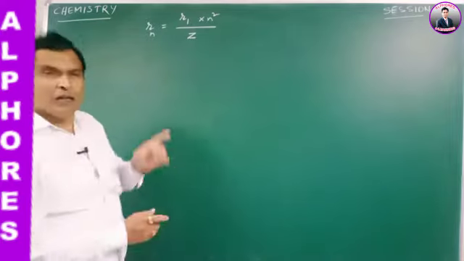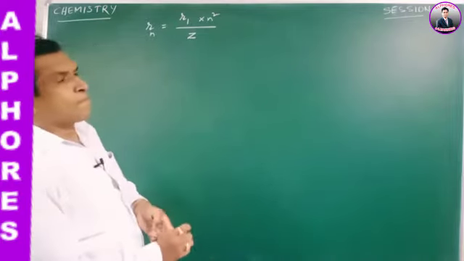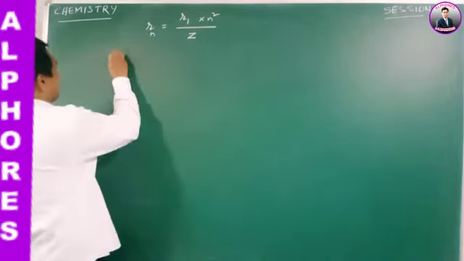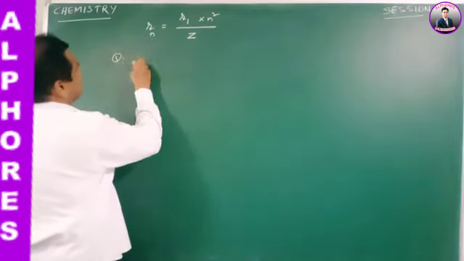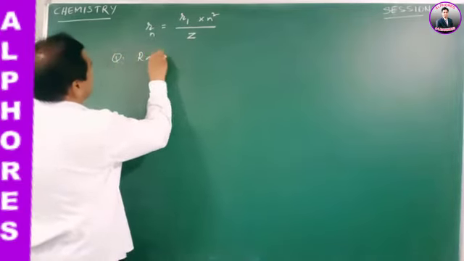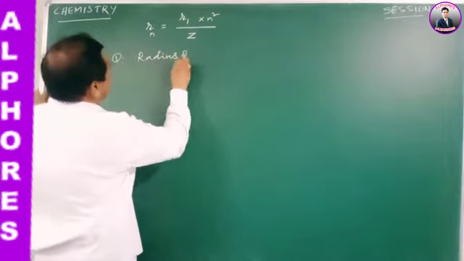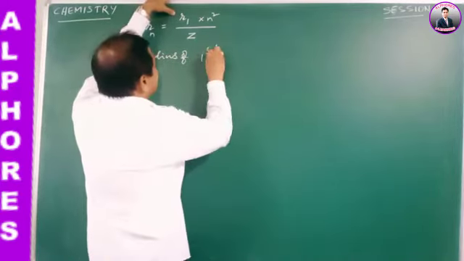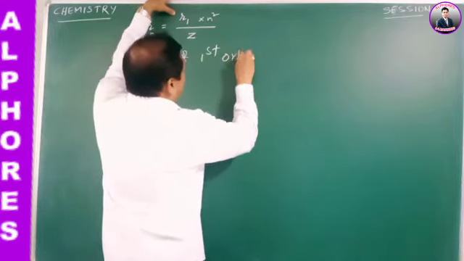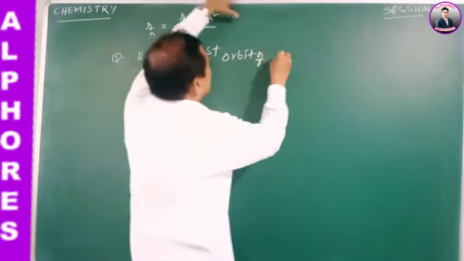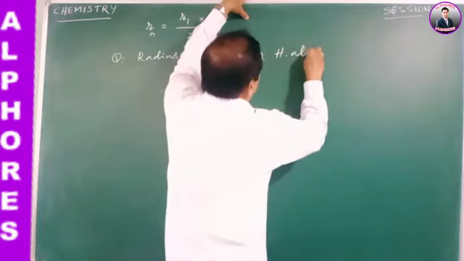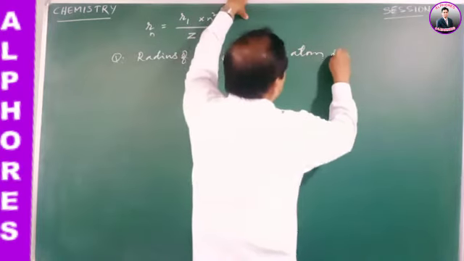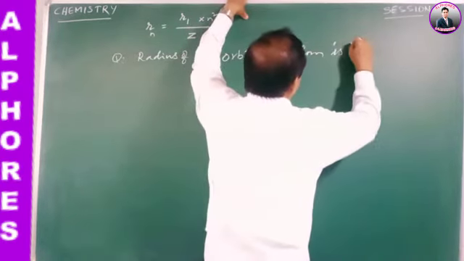Say for example, let us take a question. The radius of the first orbit of hydrogen atom is r.